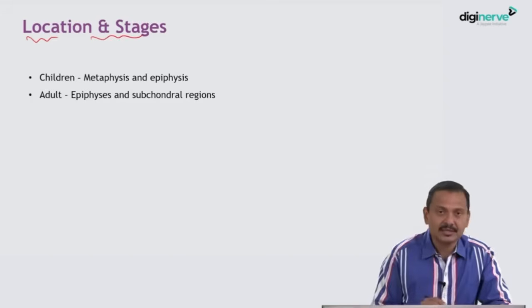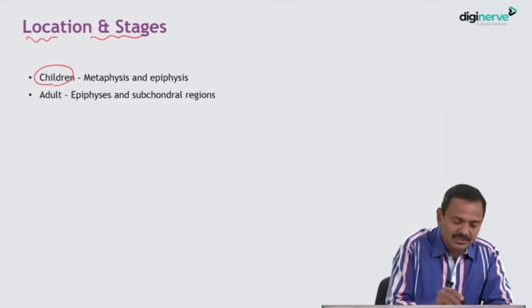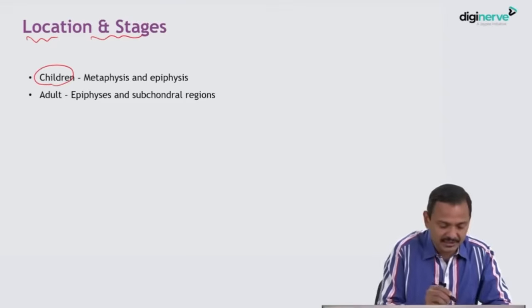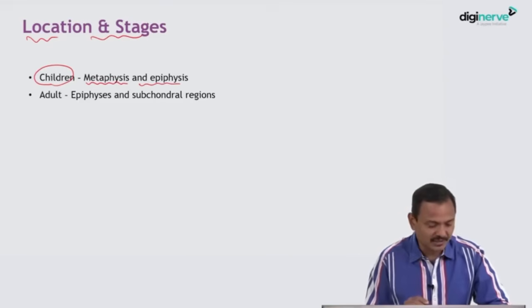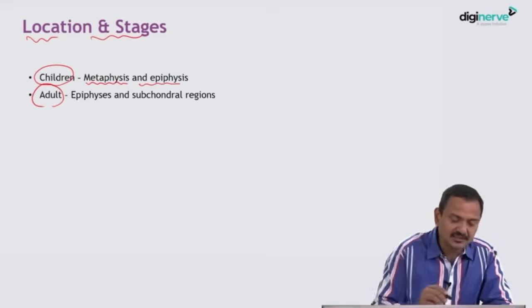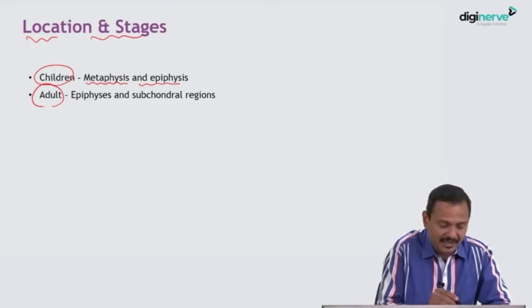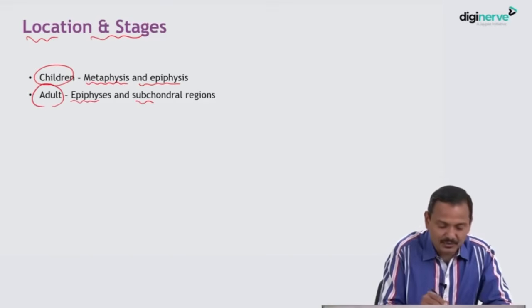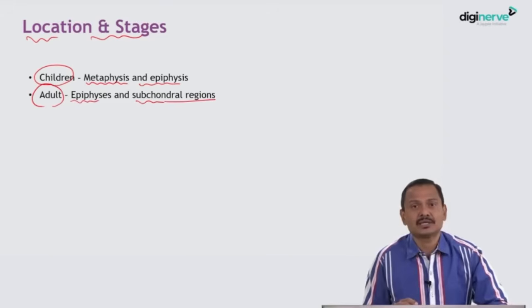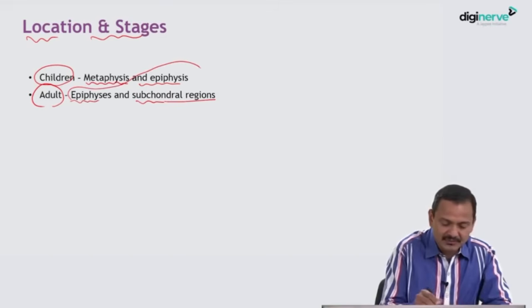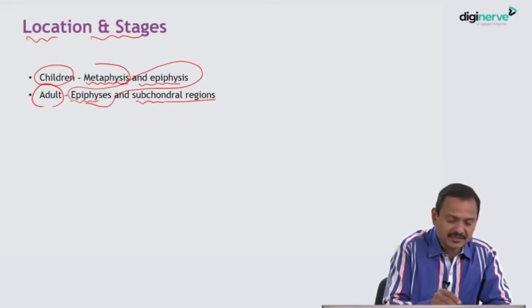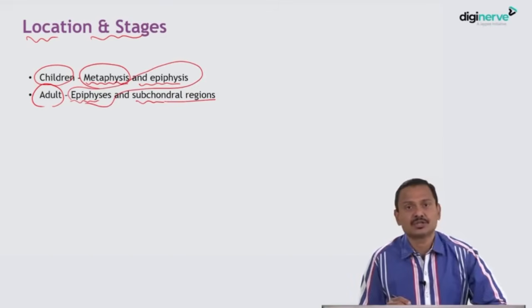Now based on the location and stage, in children the most common site of origin of infection is the metaphysis, where it starts and it can extend into the epiphysis. Whereas in adults the metaphysis is less involved and the epiphysis and subchondral region are more commonly involved. If we combine both, the epiphysis is involved in both, but the metaphysis is more common in children.